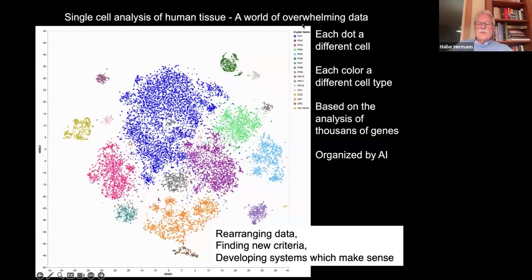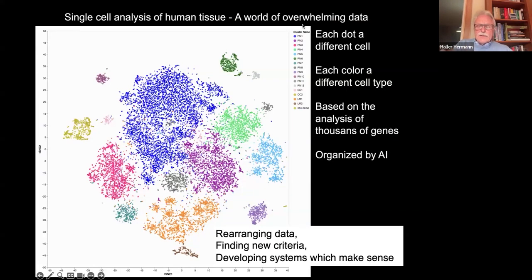This is what you look at when you have done a single cell analysis. Now, this is not that far away from the first Franken painting I've shown you. I mean, we definitely do not understand what this all means. But the scientists, they have to bring order to that.